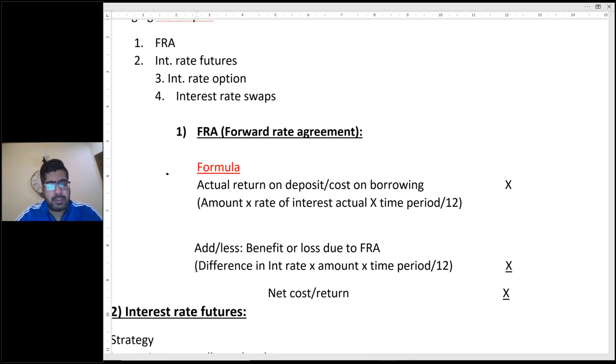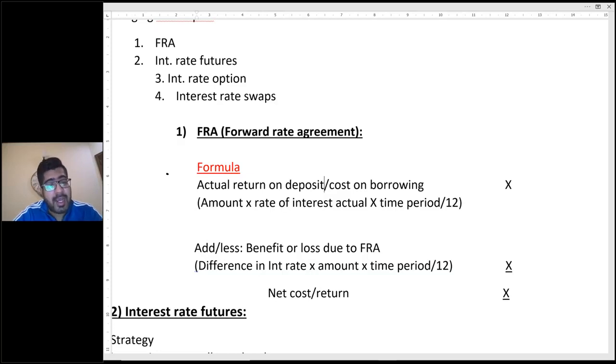Like in currencies, sometimes you get a payment case, sometimes a receipt case. Here also in interest rates, sometimes you may get a borrowing case, you may get a deposit case. So you need to record the actual return on deposit or actual cost of borrowing. Okay, how is that computed? There's a formula: amount into actual rate of interest into time period over 12.